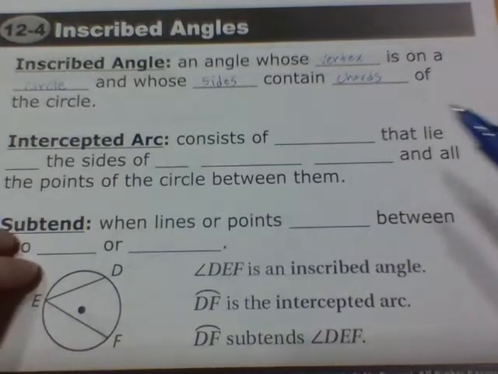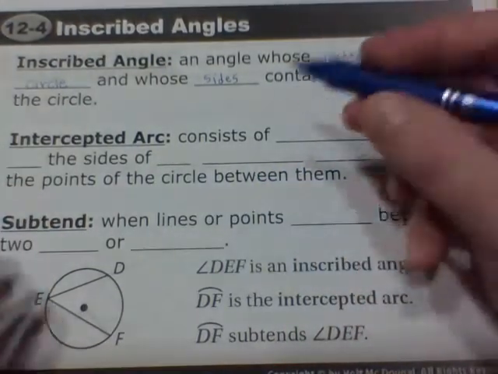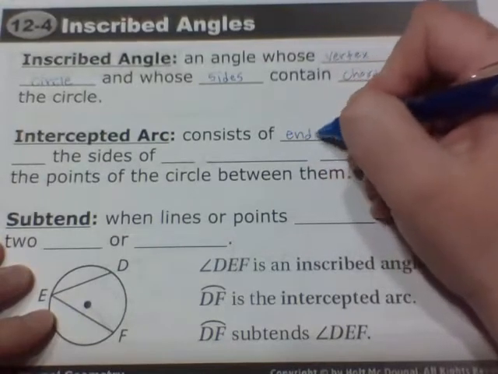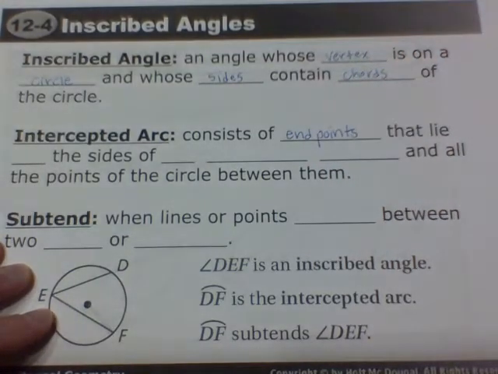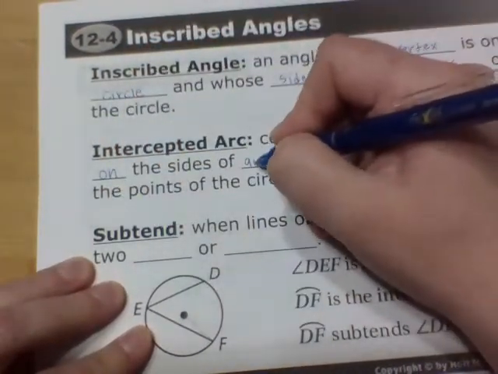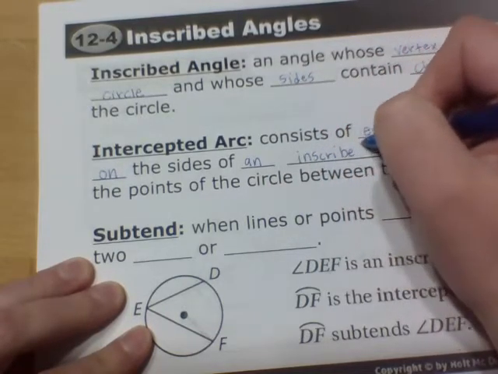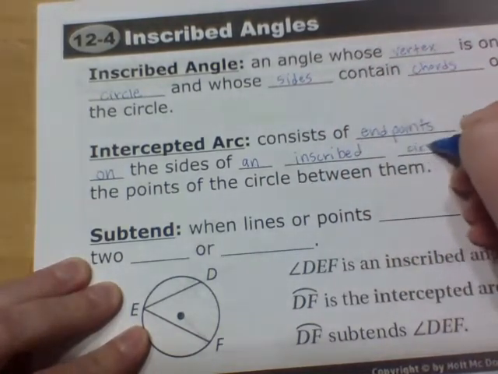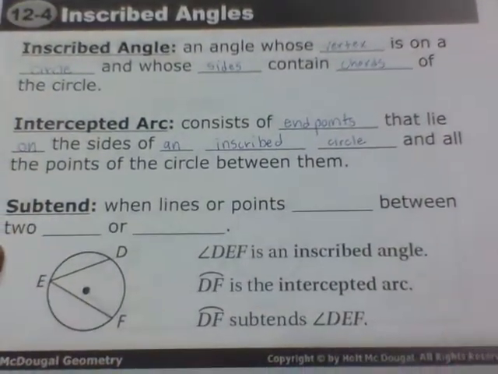All right. The intercepted arc consists of endpoints that lie on the sides of an inscribed angle and all the points of the circle between them.